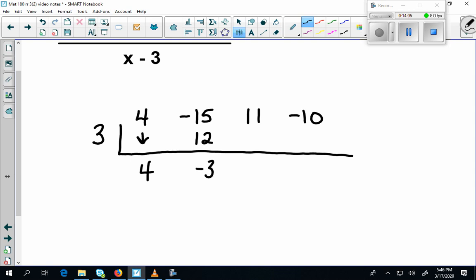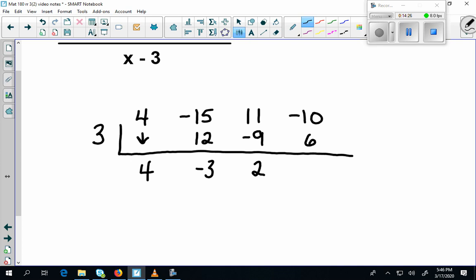Next step, multiply. 3 times negative 3, negative 9. Next step, add. 11 plus negative 9 is 2. Next step, multiply. 3 times 2 is 6. Next step, add.